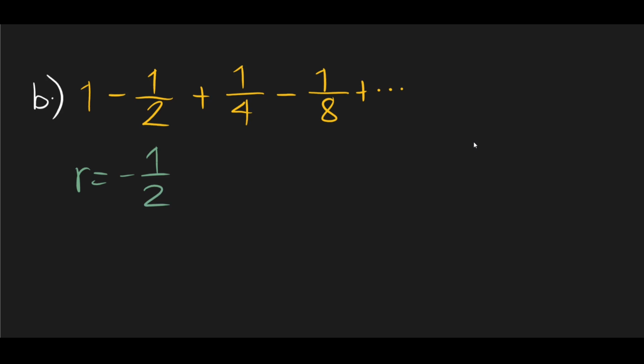As you can see here, the signs are alternating. This is an indication that our R is negative. Okay, so let's find the sum using our formula. Sn is equal to A1 times 1 over 1 minus R. What is A1?